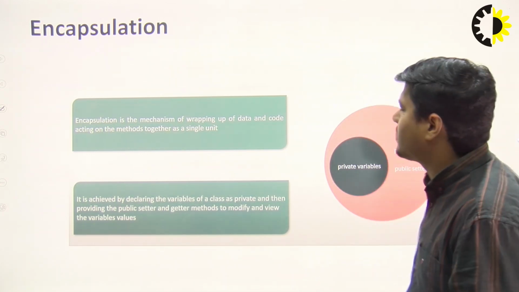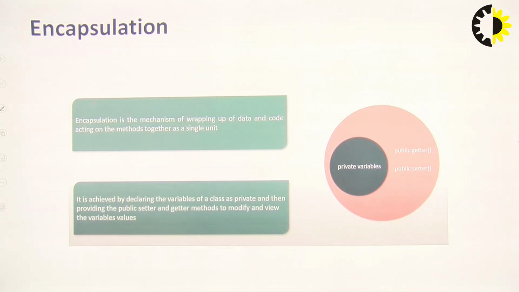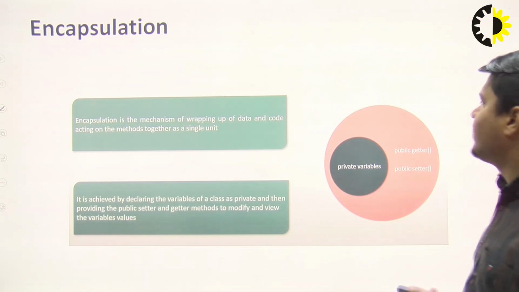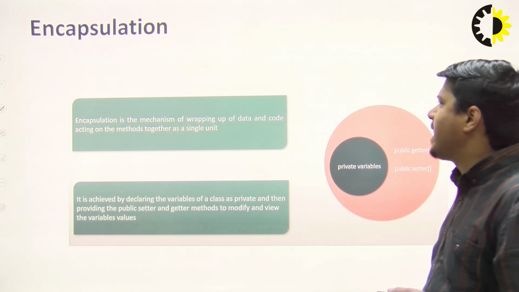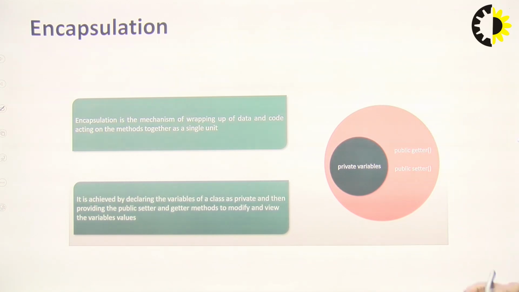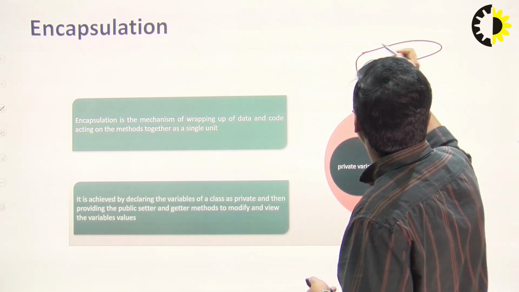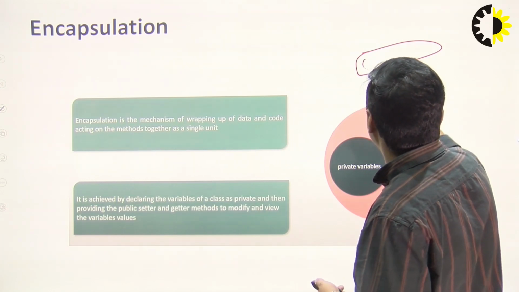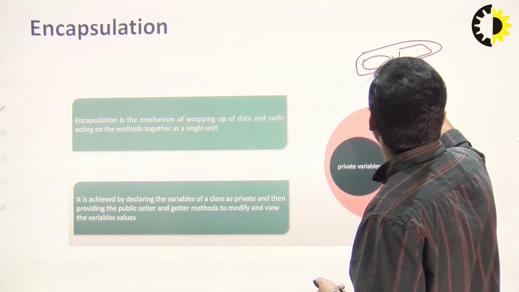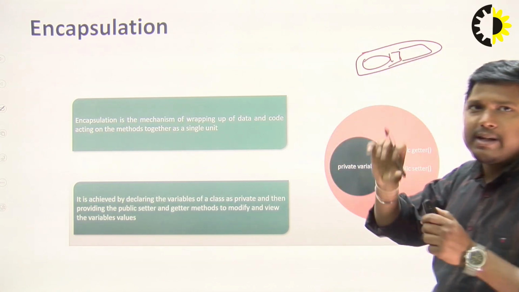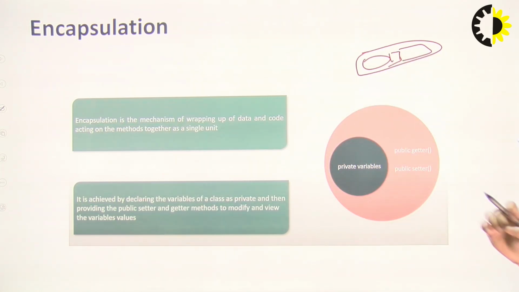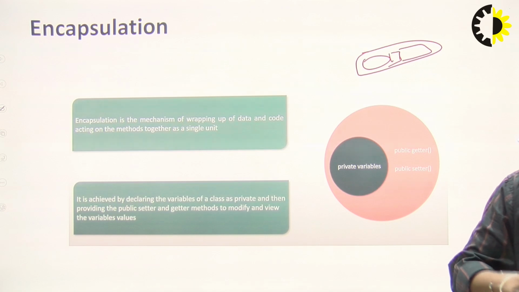What is encapsulation? Encapsulation is the mechanism of wrapping up data and the code acting on the data together as a single unit. As an example, think of a capsule, where the main ingredient is inside the capsule in a single unit.